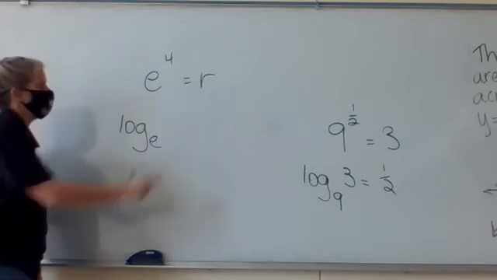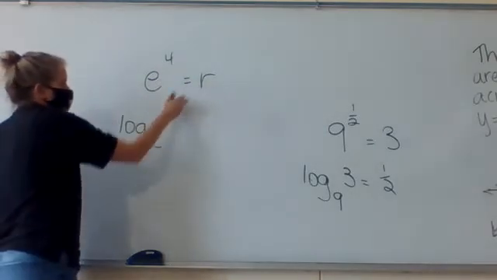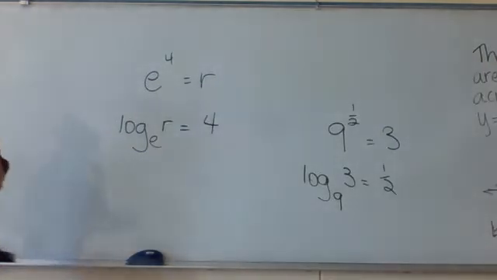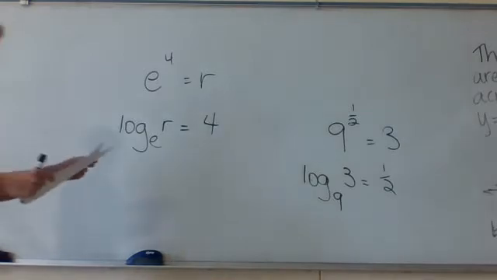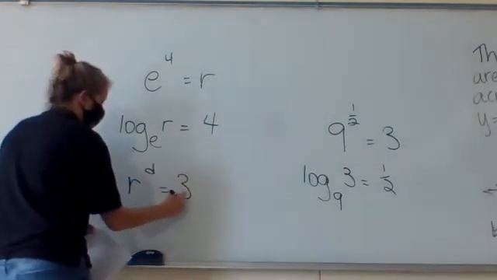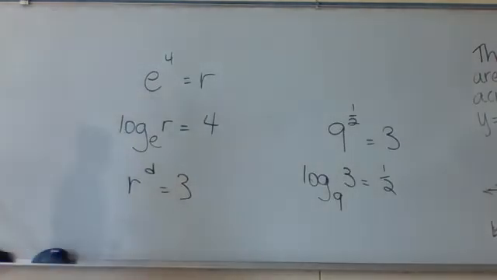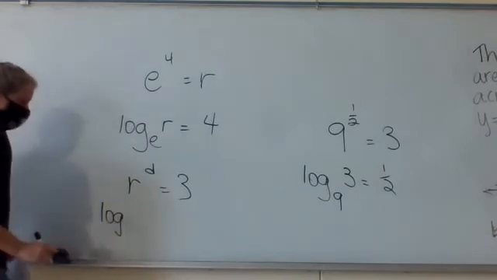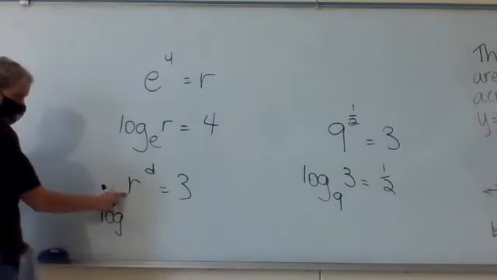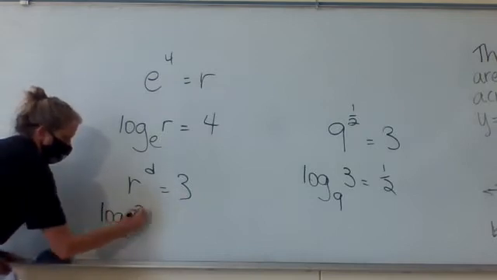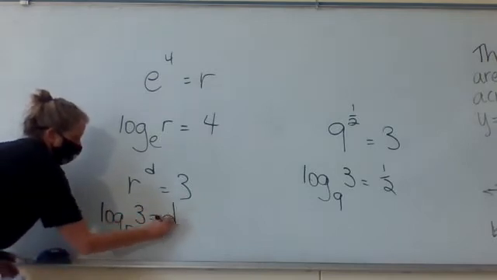E. These switch sides of the equal symbol, so the R comes here, equals 4. Number 20. R to the D equals 3. Again, log, what's your base? The base of your exponential part is the R. These switch sides, so you're going to have 3 equals D.